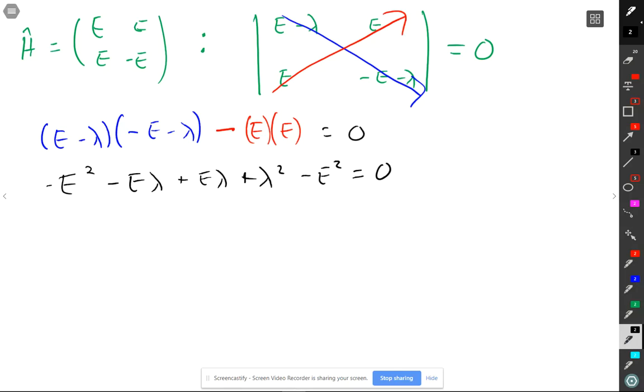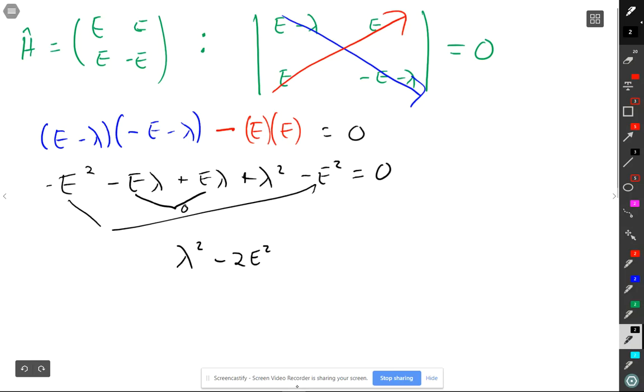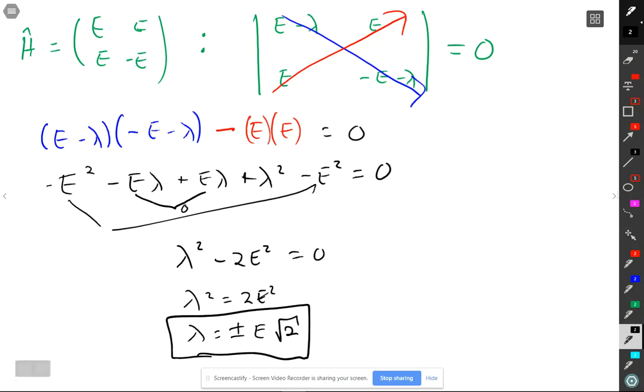There I've multiplied through. The first 4 terms are the blue, the last one is the red. These two add together to give me minus 2E squared. These two subtract out. So I have lambda squared minus 2E squared equals 0. So what's lambda equal to? So plus or minus E root 2. And that plus or minus, in quantum class, you realize those math rules that we always ignore are really important.